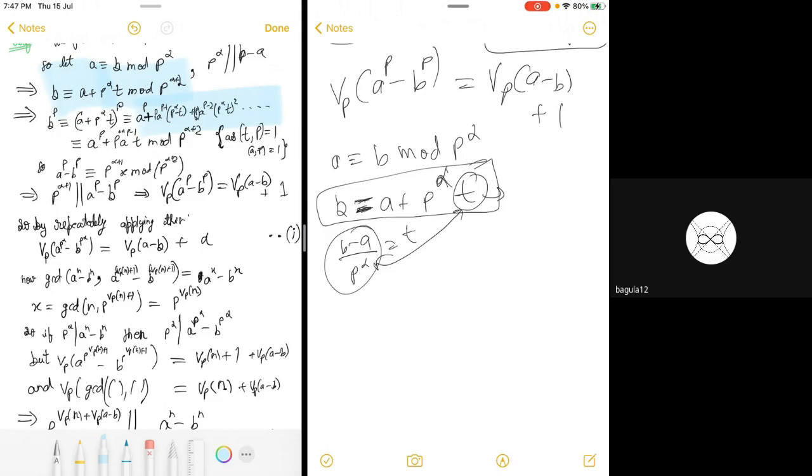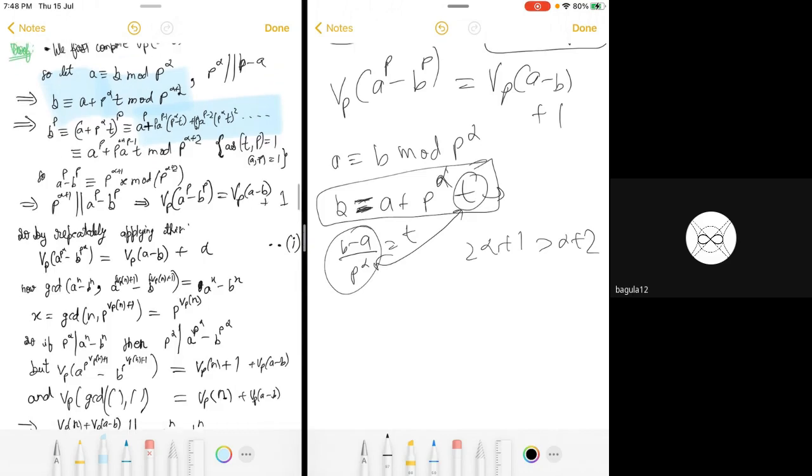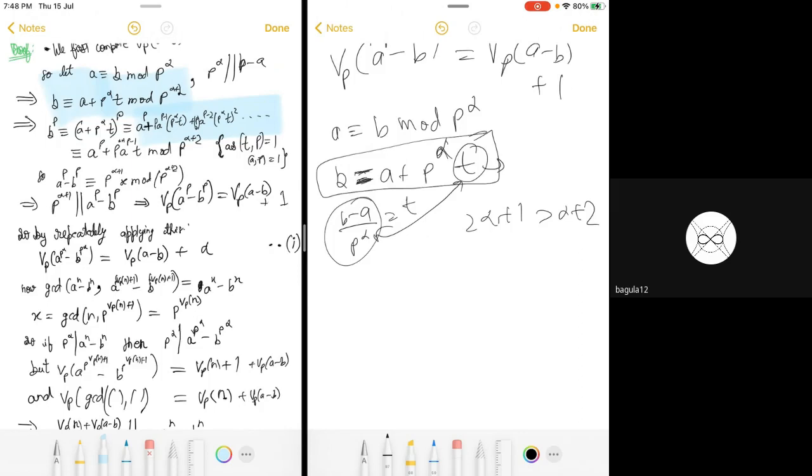And notice that (P to the alpha T) whole squared has the power of P as P to the 2 alpha, and also the term from P choose 2 gives 2 alpha plus 1, which will obviously be greater than alpha plus 2, and similarly other terms have even higher VPs. So basically when calculating mod P to the alpha plus 2, those terms just cancel out. So we get that B to the P is congruent to A to the P modulo P to the alpha plus 2.